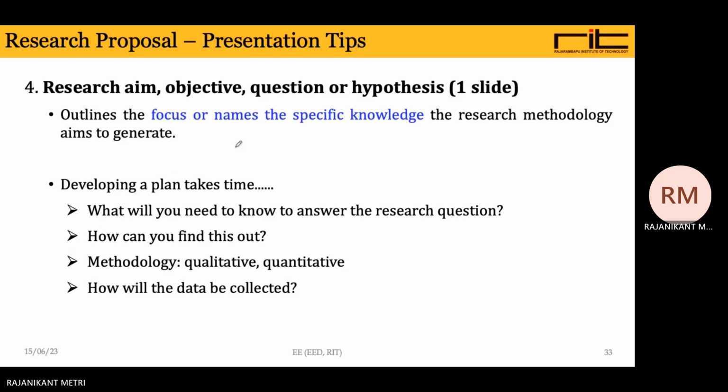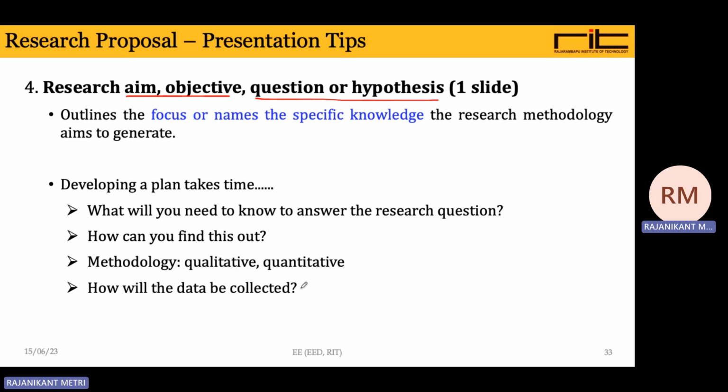After that, the next slides should be research aim, objectives, questions or hypothesis, and generally one slide is sufficient. It should outline the focus or names of specific knowledge the research methodology aims to generate, and generally this should answer questions like: what will you need to know to answer this research question, or how can you find out the solution for this research question, whether it is a qualitative or quantitative methodology you are going to implement, and how the data will be collected.